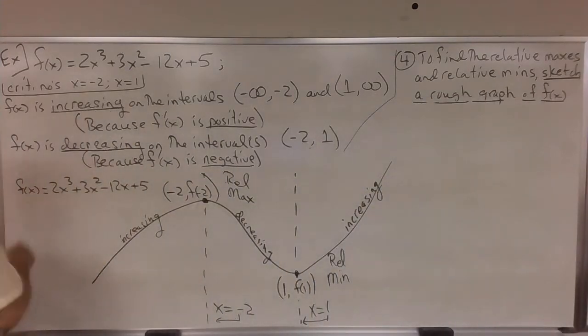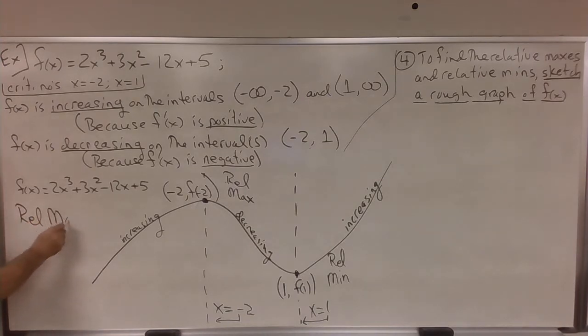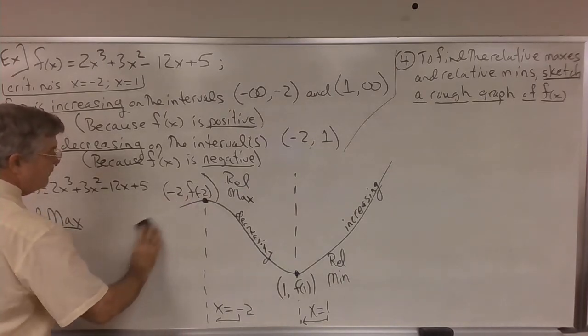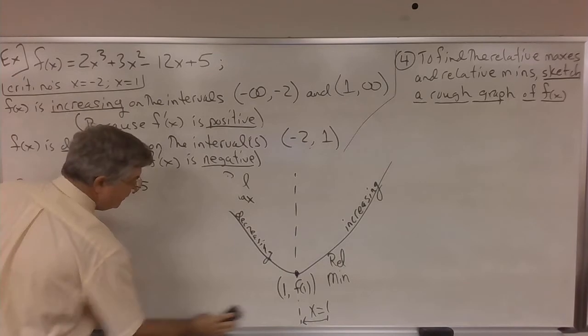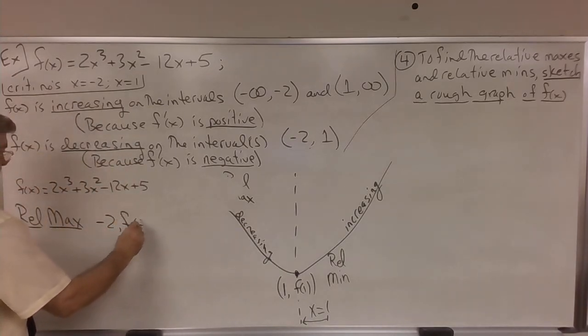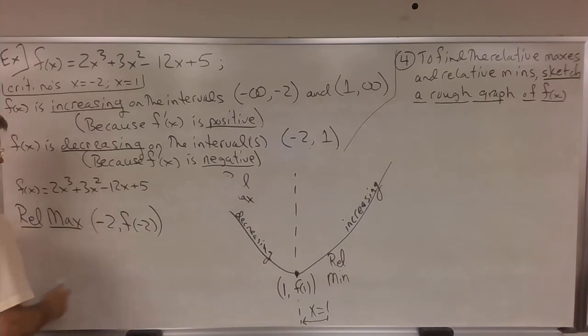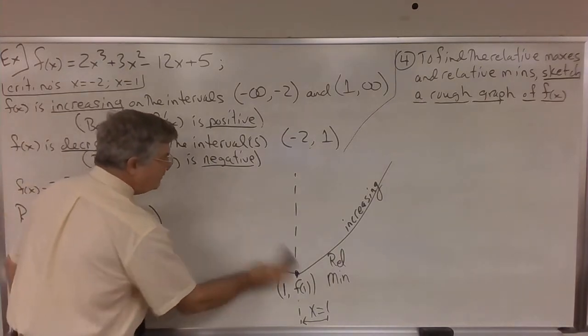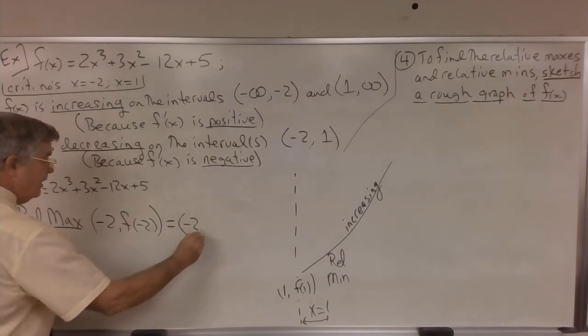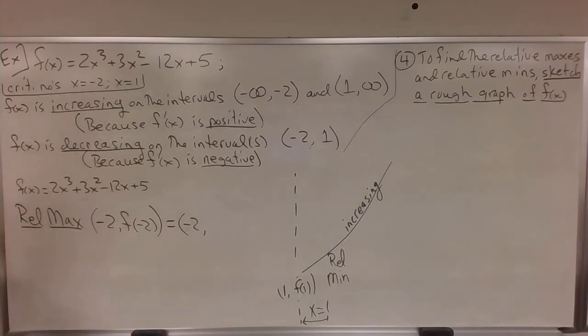So, let me write down my information. Relative max, -2, f evaluated at -2. And technically, I am obligated to compute the y coordinate of this point, so I'll do that.